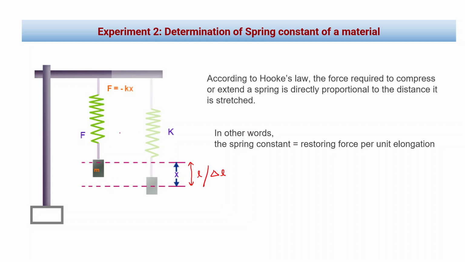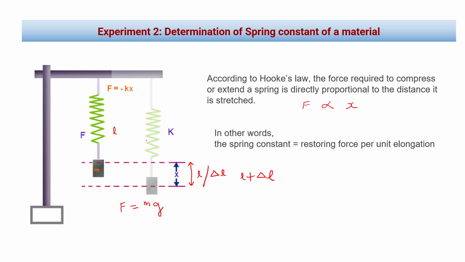The original length was say L, now it becomes L plus delta L. When I am putting a force, the force here is in the form of mg. So when I apply force here, there is some extension, and Hooke's law tells us that this force is directly proportional to the displacement, and the direction of the restoring force is opposite.